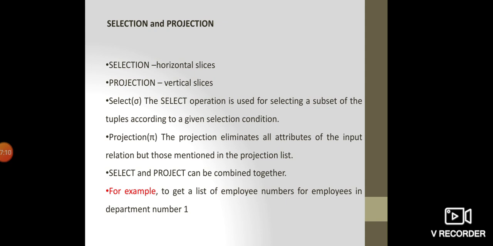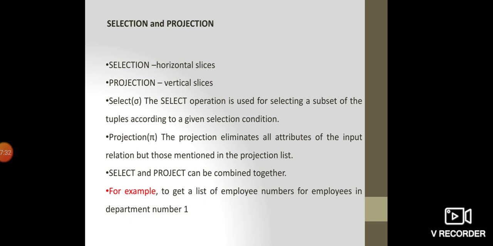The selection and projection, you can combine both. For example, if you're going to get the list of the employee numbers for employees in the department number 1. Department number 1 is the condition, and the employee number is the projection. Okay, list of employees. You're going to give the condition also, you're going to give the column also.